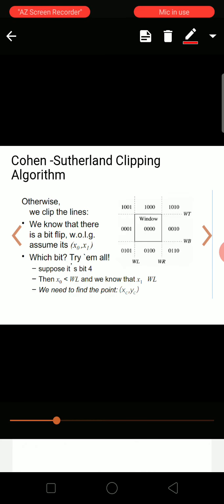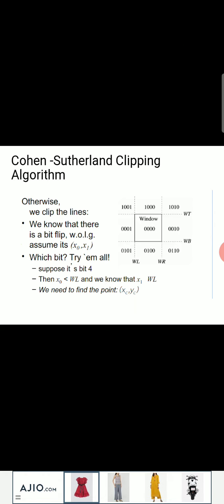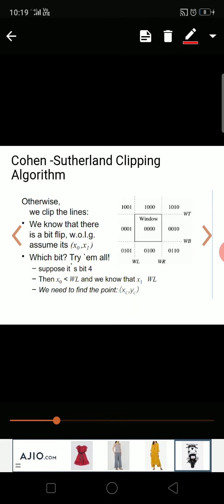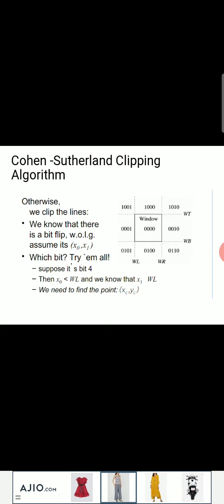The third case is where we need to clip the line to get a partial display of the line. In this case, we do a bit flip.